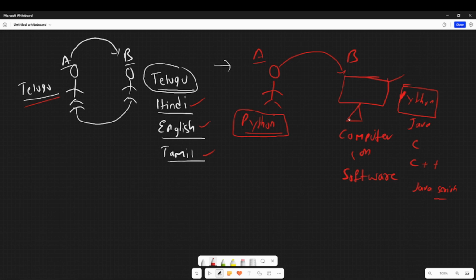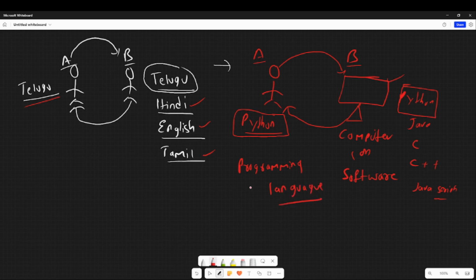Then the system is able to communicate with a person who is good at Python. Now they can easily communicate with each other. This is known as a programming language.